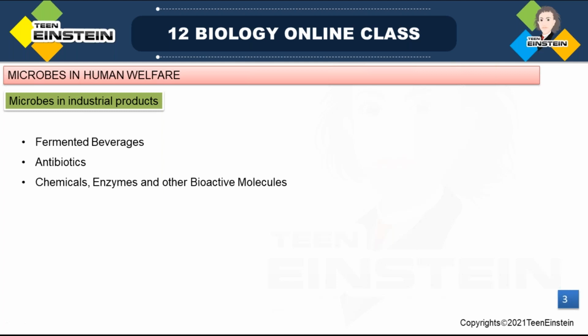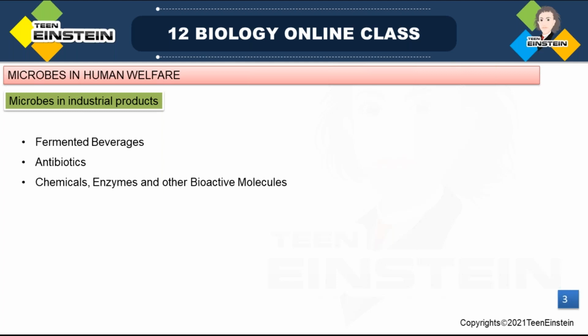In industrial products, what all you have to learn? You're going to learn fermented beverages, then antibiotics, and how microbes help in the production of antibiotics, then chemicals, enzymes, and bioactive molecules.